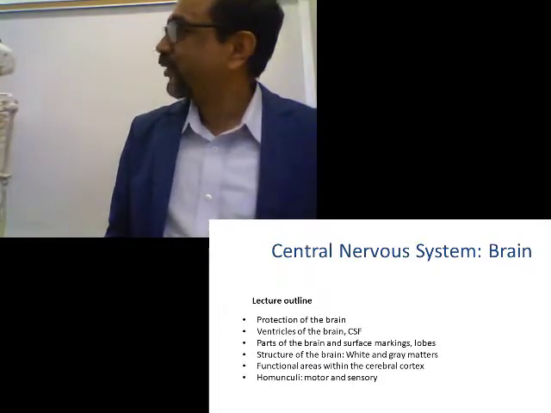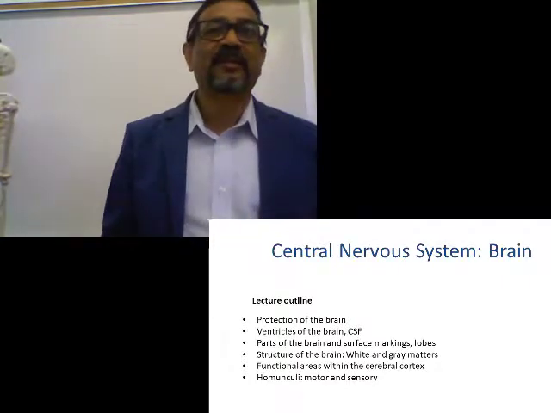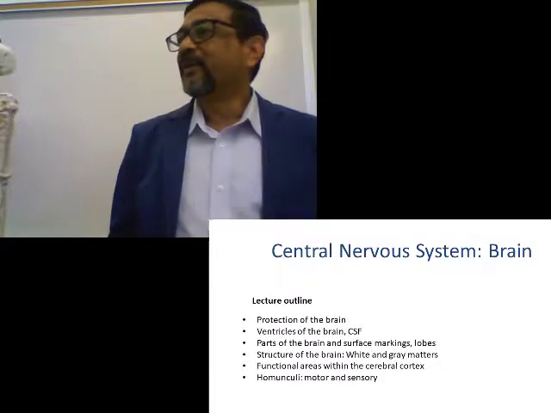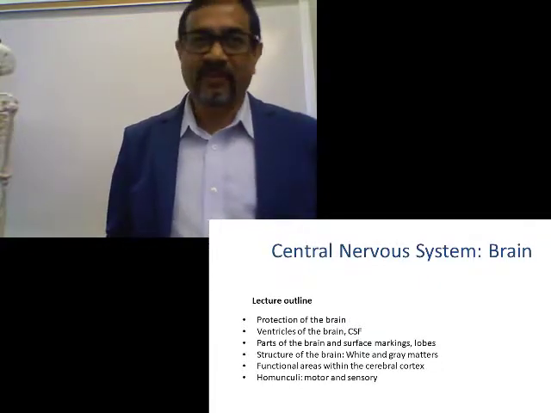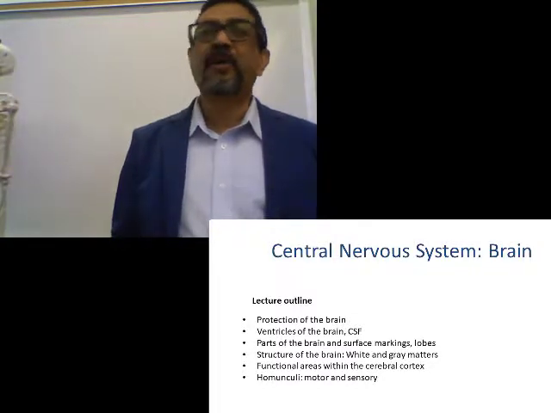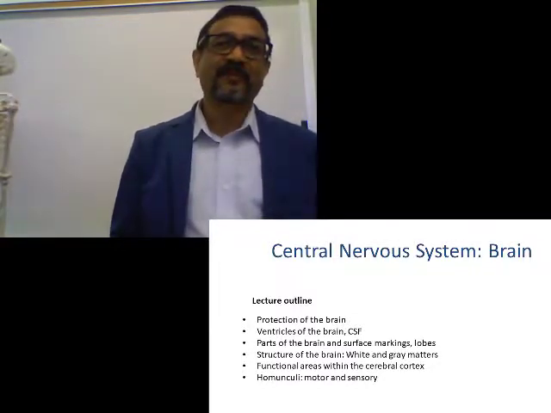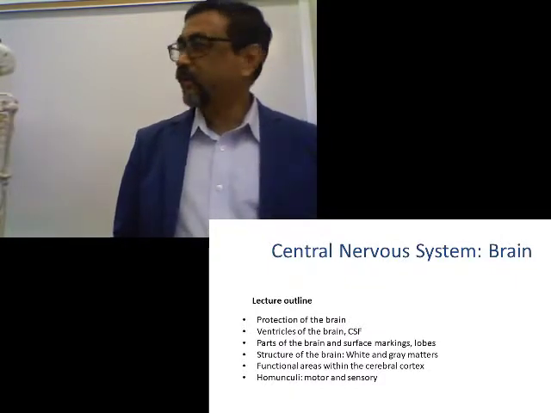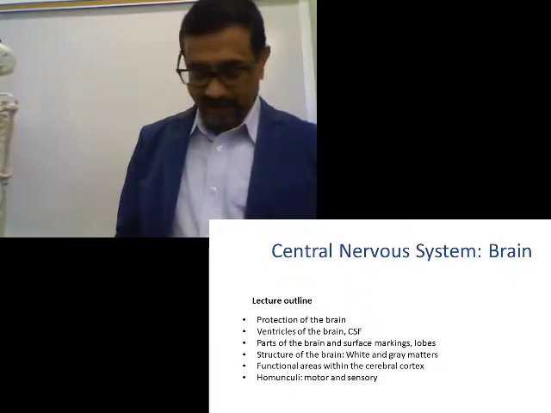Then we'll talk about the ventricles. Inside the brain you have a few cavities. Those cavities are called the ventricles. So we'll see what those ventricles inside the brain are.